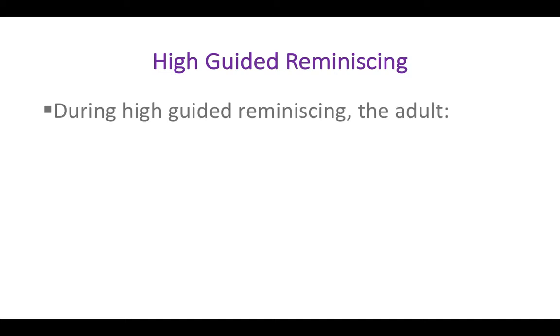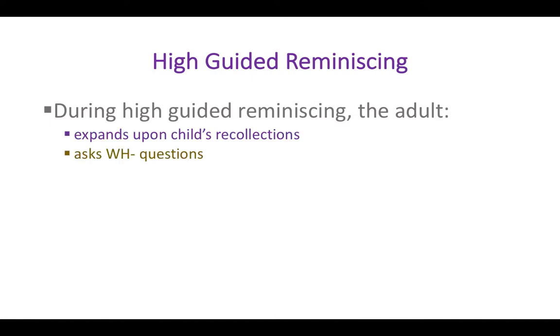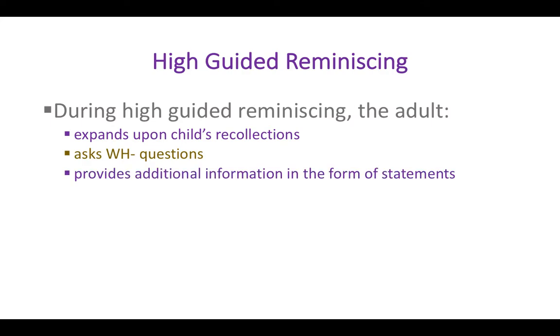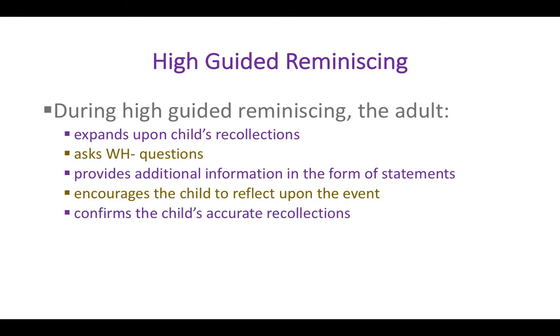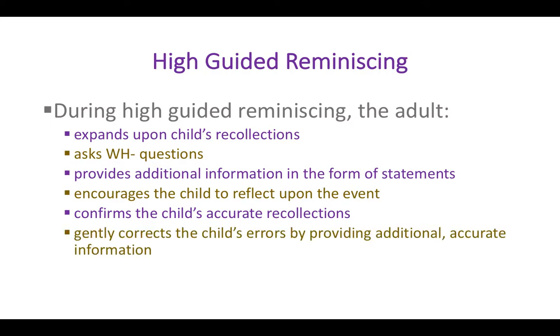As opposed to low guided reminiscing, during high guided reminiscing, the adult communication partner expands upon the child's recollections, asks WH questions, provides additional information in the form of statements, encourages the child to reflect upon the event, confirms the child's accurate recollections, and gently corrects the child's errors by providing additional accurate information.